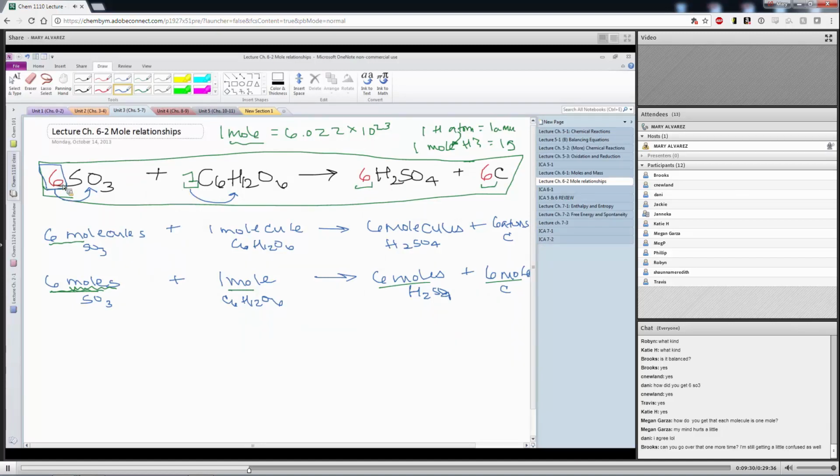We had to balance it because if we didn't, it looked like atoms disappeared or were created from nothing. We know that doesn't happen, so by balancing it, we were able to account for the whereabouts and the destination of each atom. Okay, so 6 molecules react with 1 molecule to make 6 molecules and 6 atoms. These numbers are all relative. 6 of these will react with 1 of those.